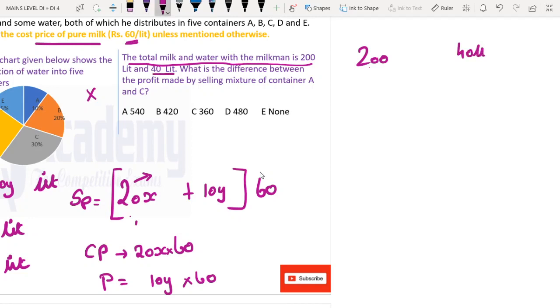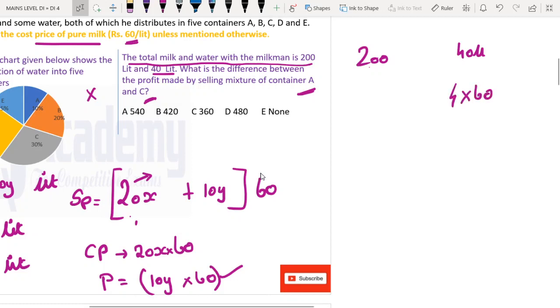What is the difference between the profit made by the mixture of container A and container C? We know that the profit is always from the water part. For container A, the profit is 10% of 40, that is 4 into 60.